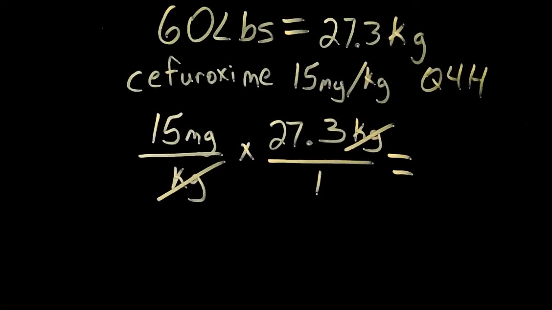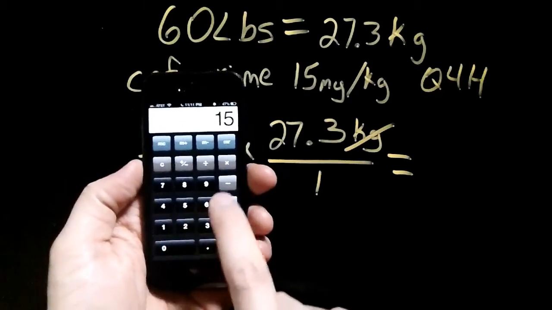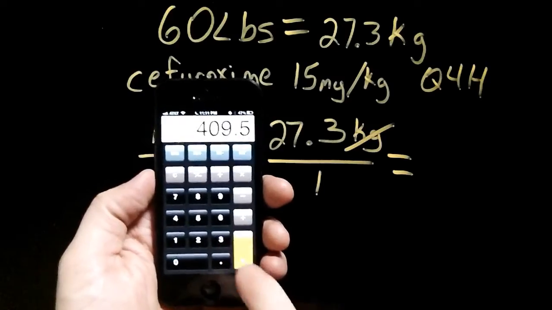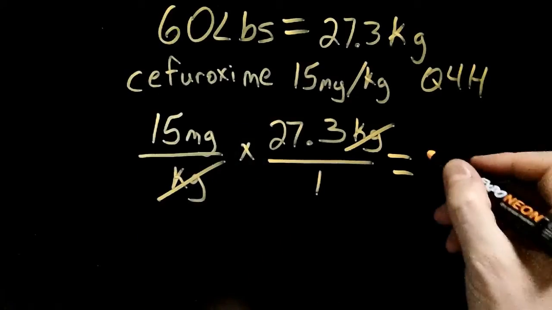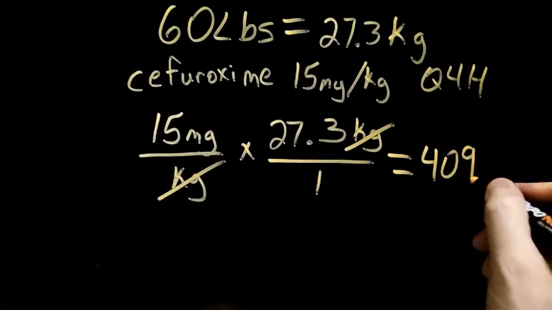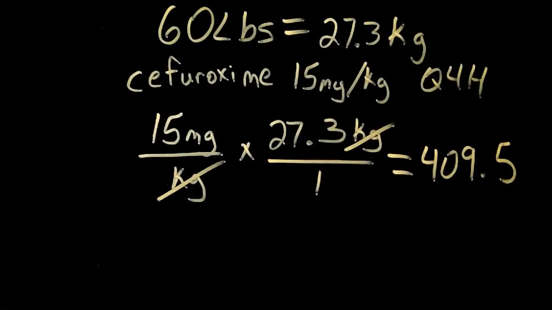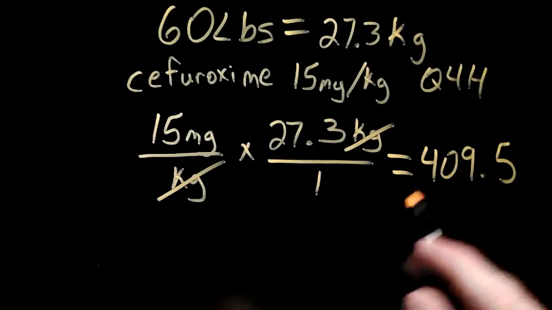Again, I'll do that on my calculator. 15 times 27.3, and the answer I'll get is 409.5. So that is how much the child will get per dose.